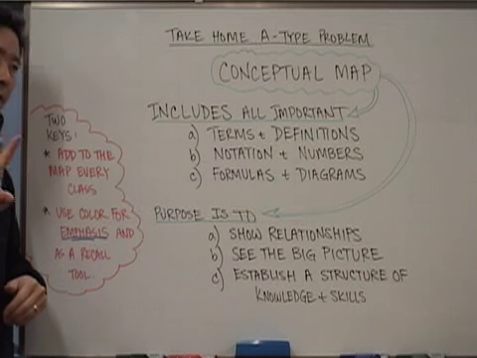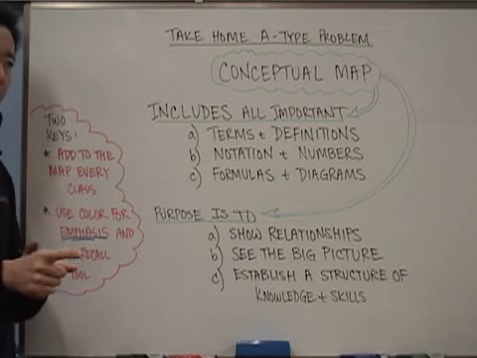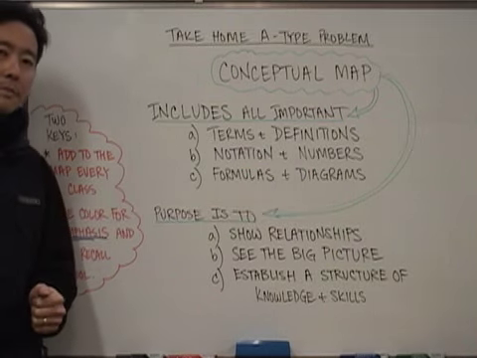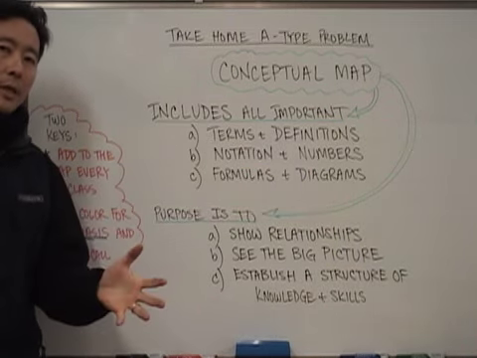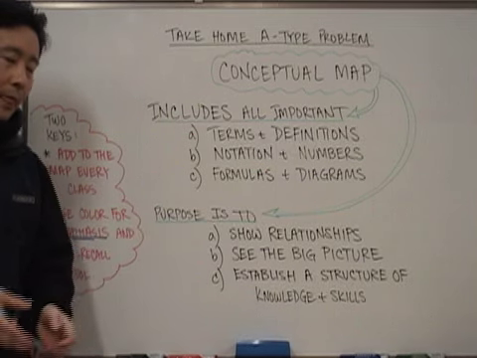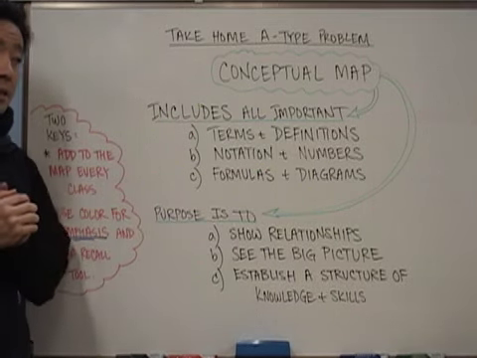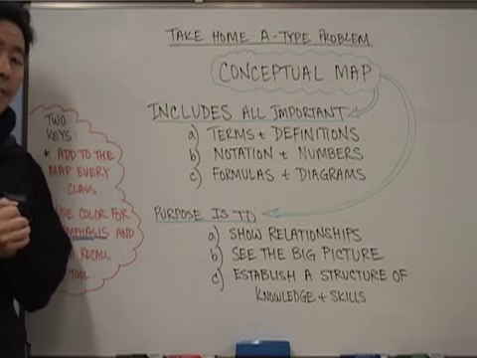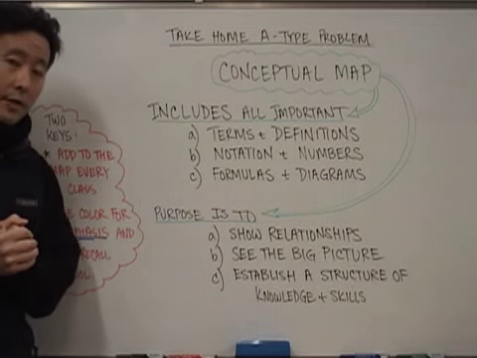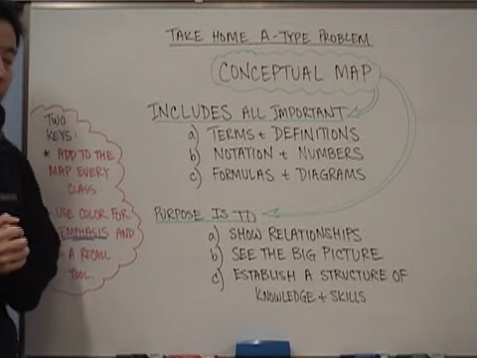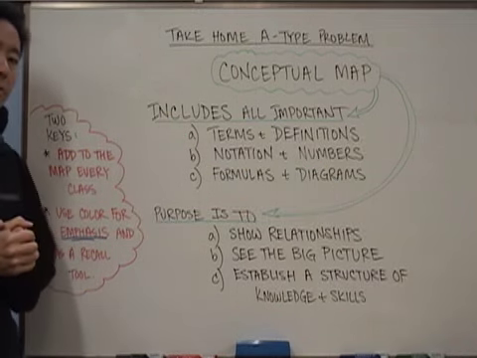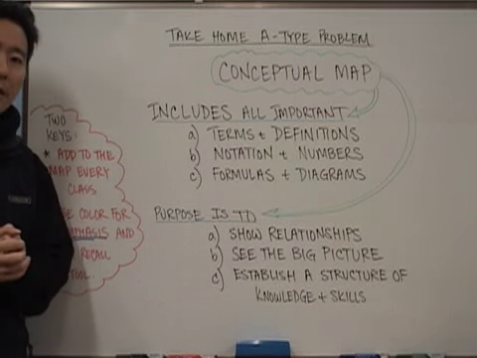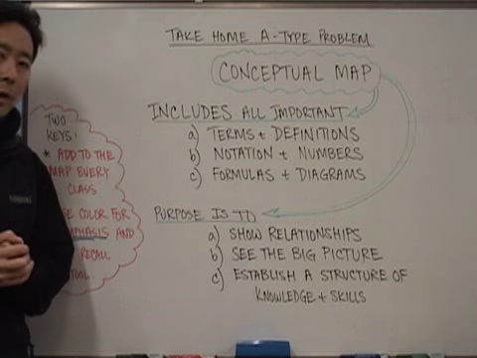Two things are going to happen, I think, if you can do that. One is that if you follow these keys, by the time the test comes, you're going to be reaffirming your conceptual map. And two, when it comes to the long-term memory that is needed, especially for the IB exams at the end of your grade 12 year, which is 2 years away, having these conceptual maps is going to help you to remember all of the skills and concepts that are needed to achieve on that test as well.